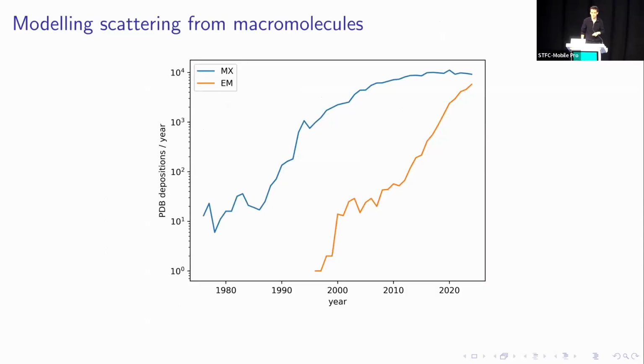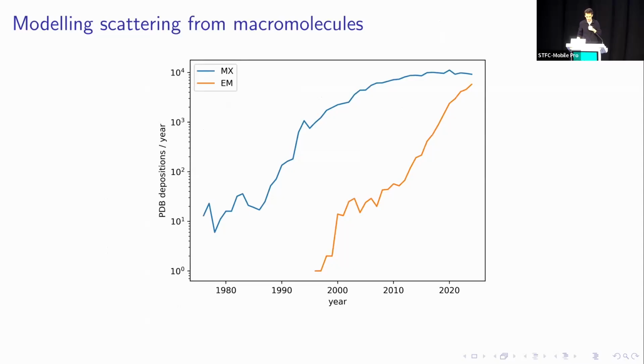And the way we want to address this is using a data-driven model. We know that data-driven, kind of machine learning approaches have been really successful in various fields. And also in EM, we have this exponential growth in the number of EM structures that has been deposited to the PDB in the last decade or so.